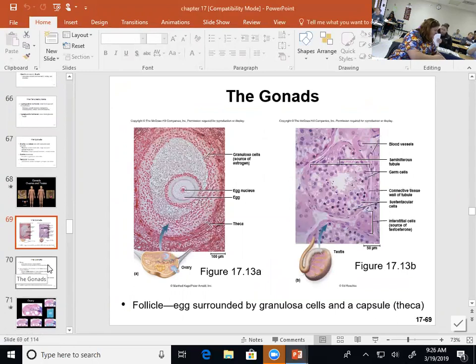The gonads do produce, the ovaries produce estrogen and progesterone, in response to FSH. But the ovaries and testes both produce Inhibin as well. You need to know that it's from the gonads, and Inhibin suppresses FSH.